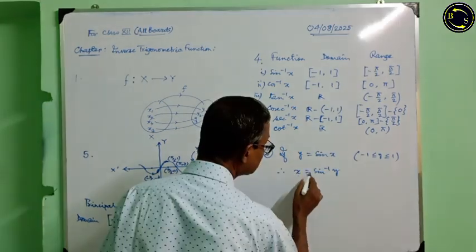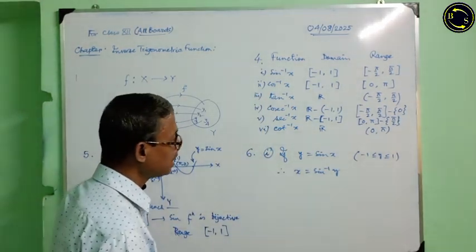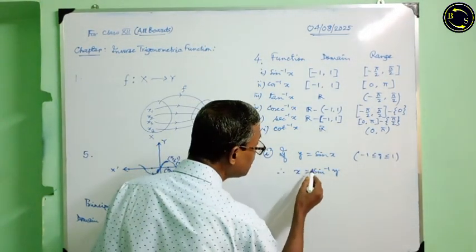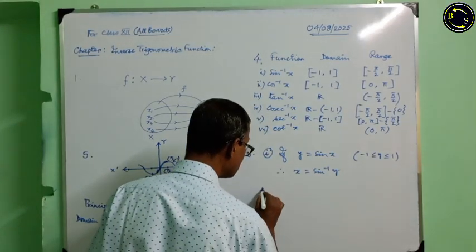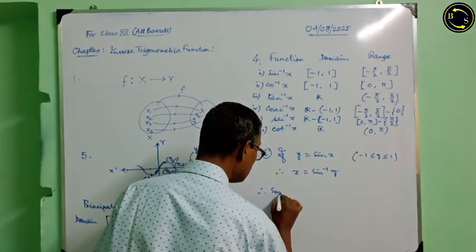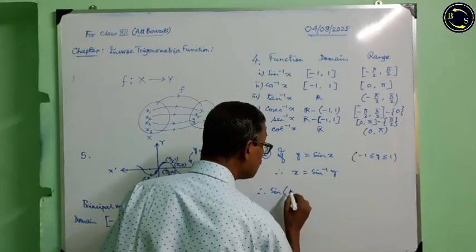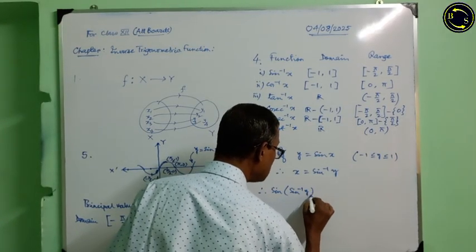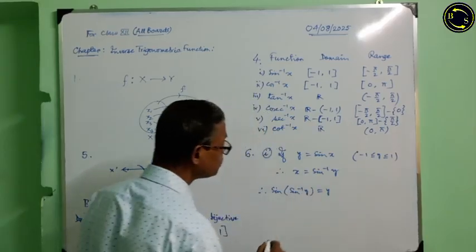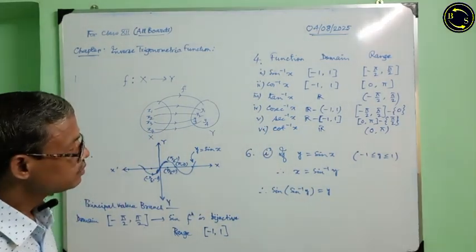Now x equal to sin inverse y. If I replace this one here, what we get? Sine of sin inverse y is equal to y.